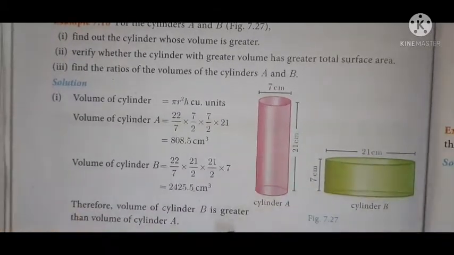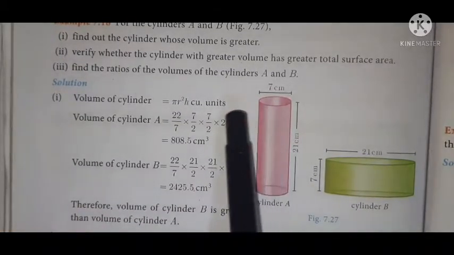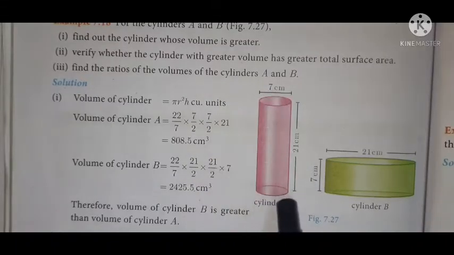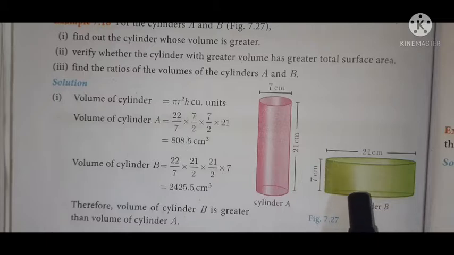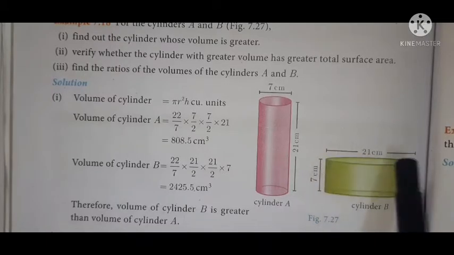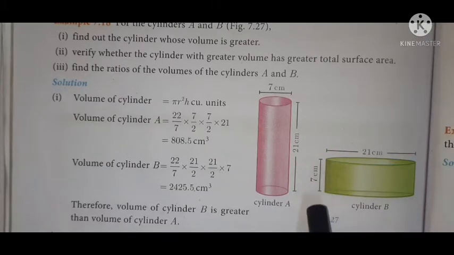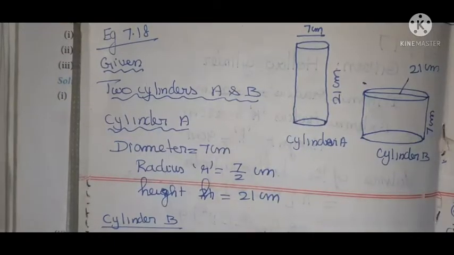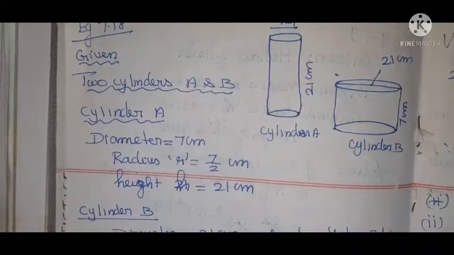The diameter of the first cylinder is 7 cm, height is 21 cm. The second cylinder diameter is 21 cm, height is 7 cm.